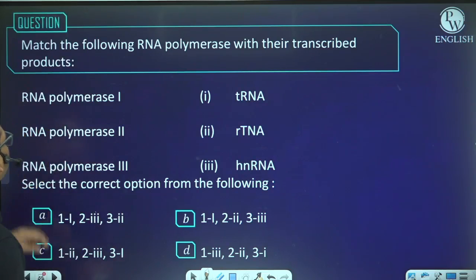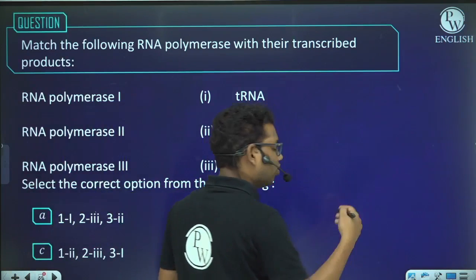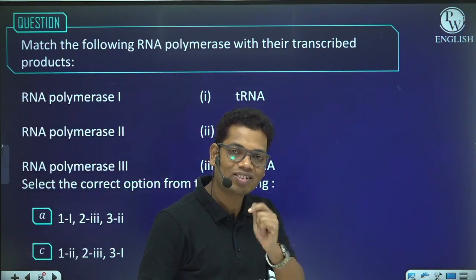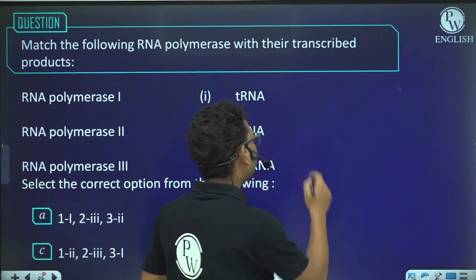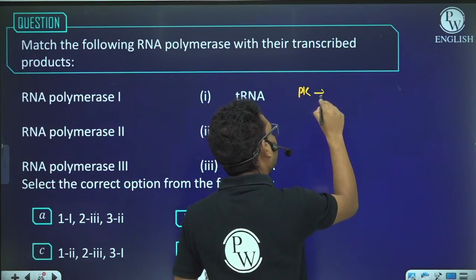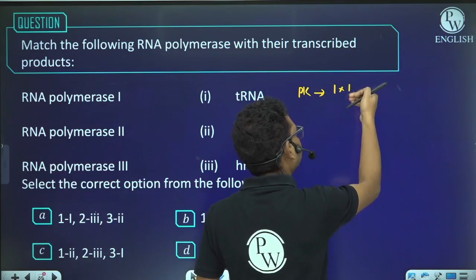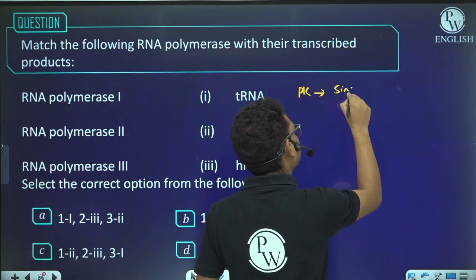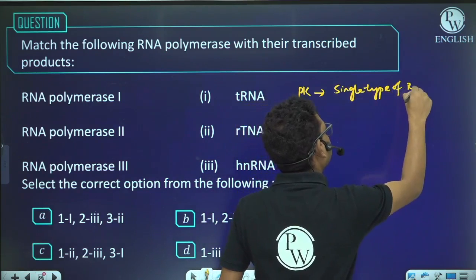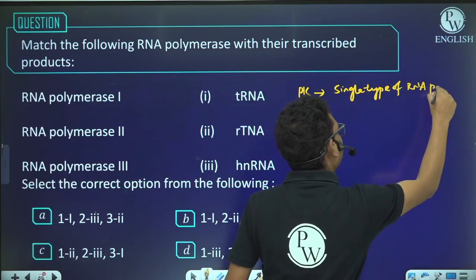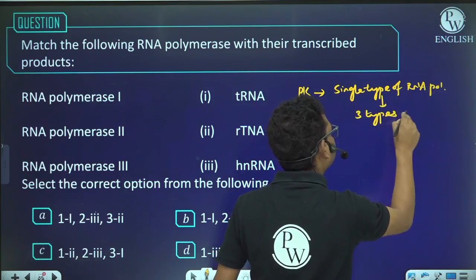Next, match the column. DNA polymerase first. We all know very well that in prokaryotes there is a single type of RNA polymerase which synthesizes all three types of RNA.